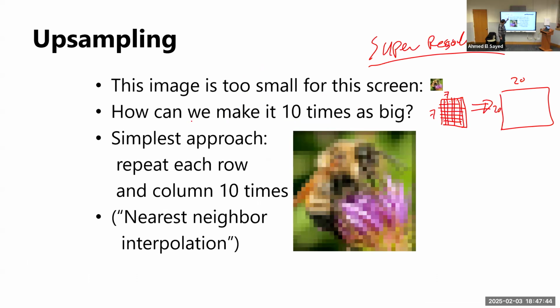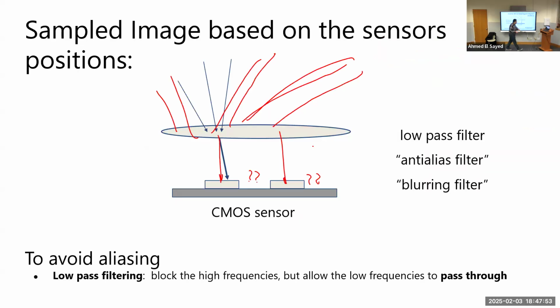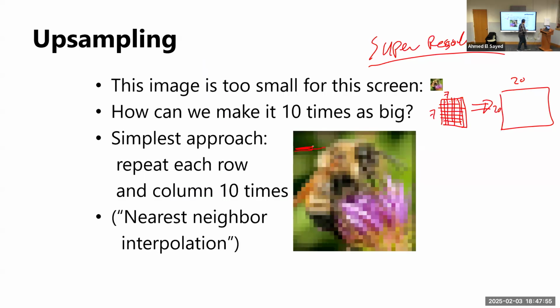I'm using nearest neighborhood to magnify this to this. All those values are similar, all those are similar, and so on. Is this a good thing or a bad thing? Of course, a bad thing. I destroyed the details.